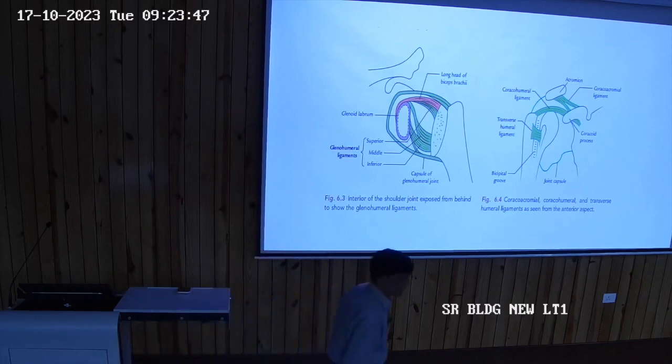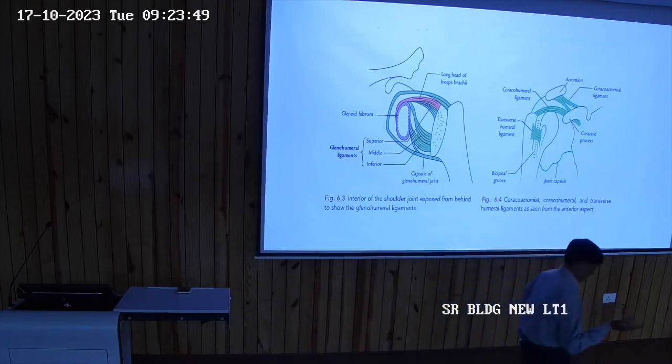Clear? Now this whole of the fibrous capsule is lined inside by synovial membrane. Why is there a synovial membrane? The answer is synovial membrane lubricates.